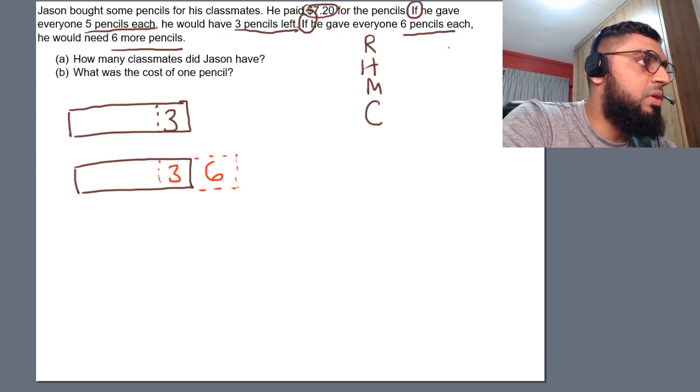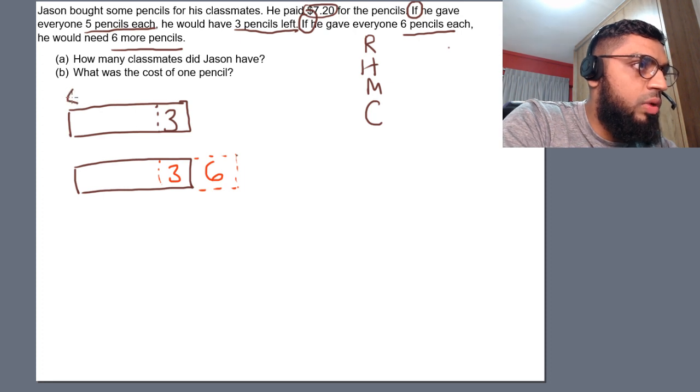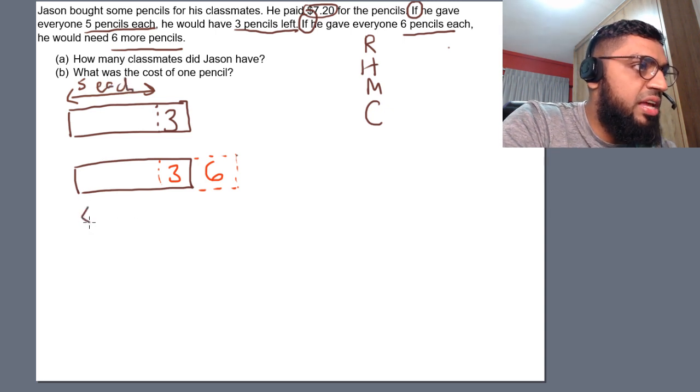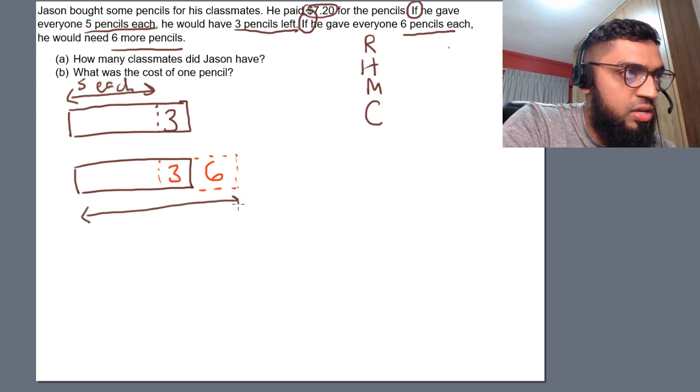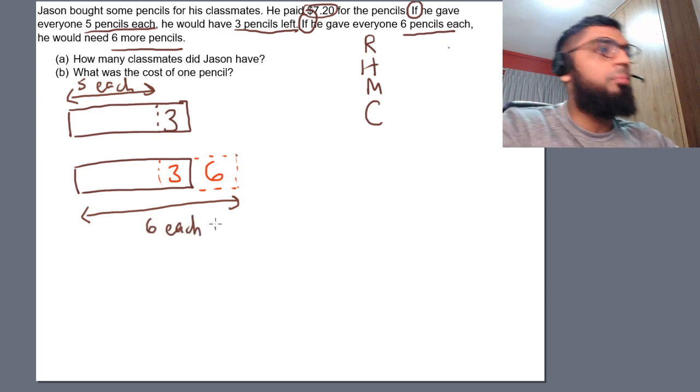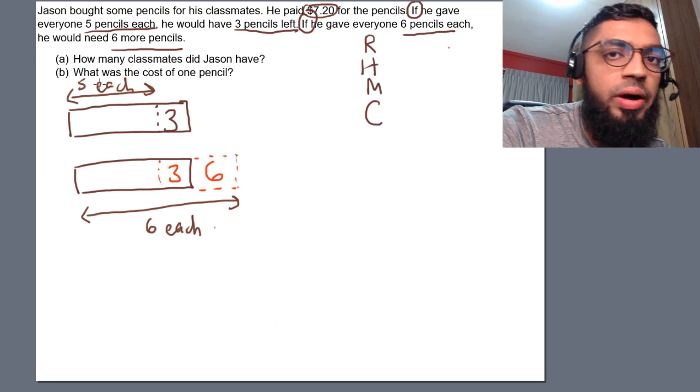Let me recap. This is where he gave 5 each, and this entire model from start to end is where he gave 6 each. Now let's pause for a while and see what's happening.